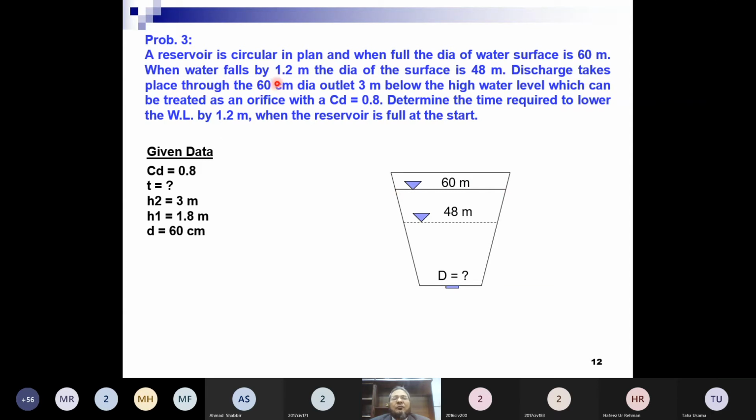When water falls by 1.2 meter, the dia of the surface is 48 meter. So when this water level drops, this vertical distance is 1.2 meter, then the diameter of the surface becomes 48 meter.